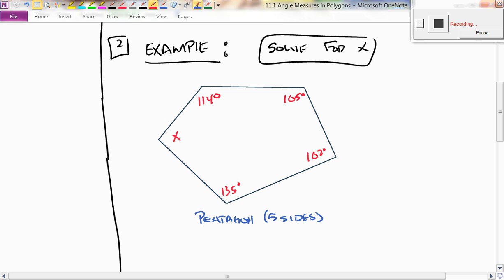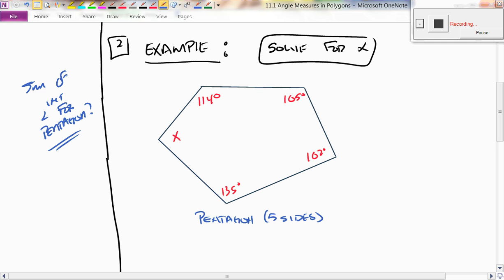So we have a pentagon. The question is, what is the sum of all of the interior angles for a pentagon?